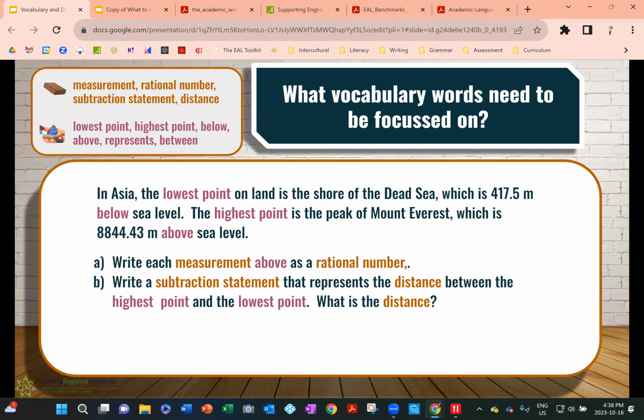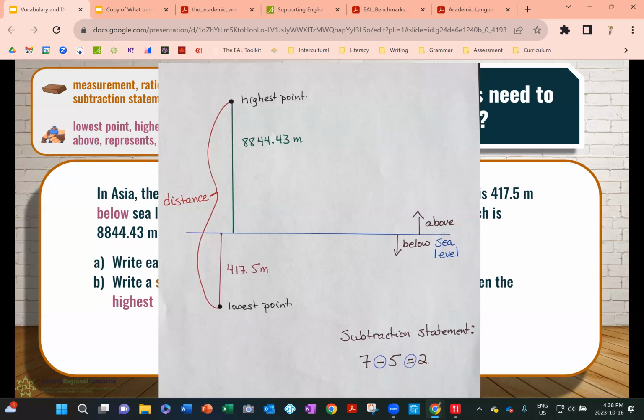And then again, appealing to navigating that space where you're not sure where you're going, and adding a visual. This can really benefit students so much, and then pointing out that vocabulary so that they have some of those pieces. So what does a subtraction statement look like?